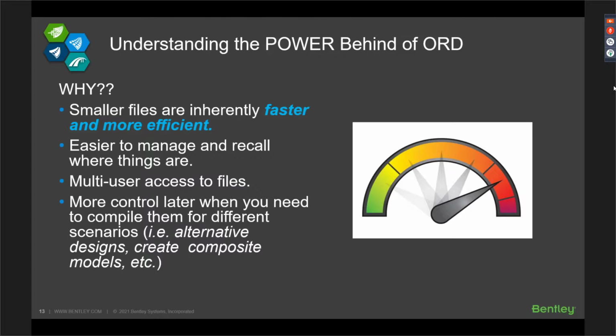And you have more control as well later on when you need to compile them for different scenarios. So maybe one scenario is that it is still in a conceptual stage, and then you have to bring it to detailed design, okay? And then probably different options as well in your design. So with such file federation, it's really easy for you to manage everything. Okay, so that is the second point.